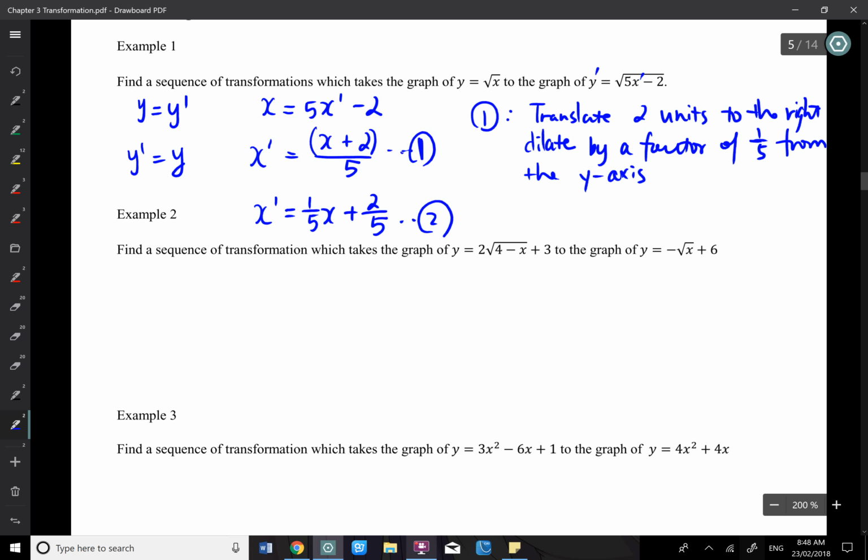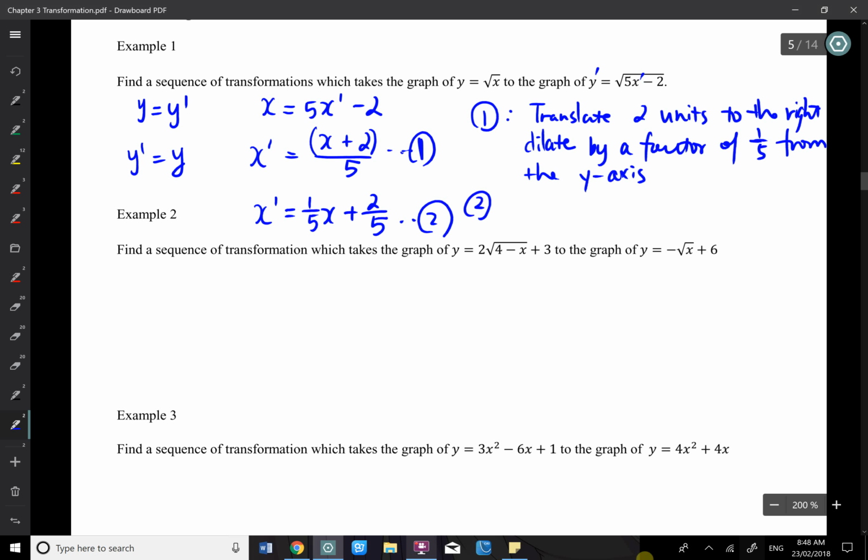So translate first. Okay, first step is translate 2 units to the right. Calculation order must be the same as the transformation order. So which you calculate first is x plus 2 by the second last line. So you will say translate 2 units first and then dilate by 1/5 from the y-axis.